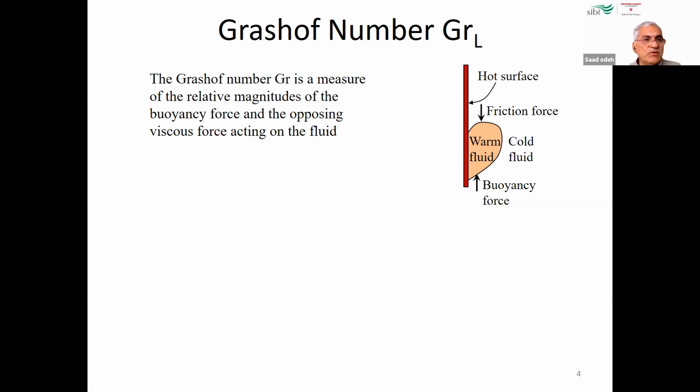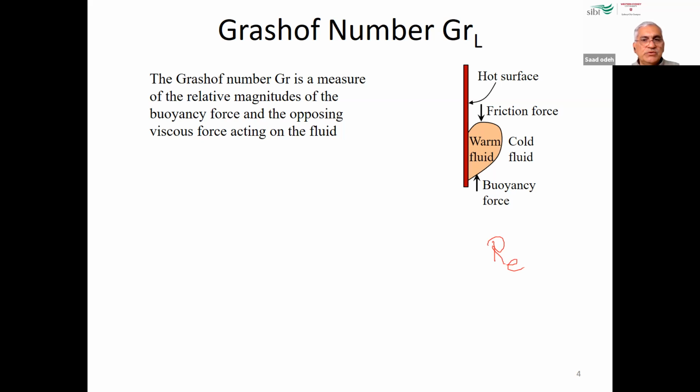Do you remember what's the name of the number we use? We used to give it a symbol Re, right? So we had the Reynolds number which identifies the type of flow in forced convection.